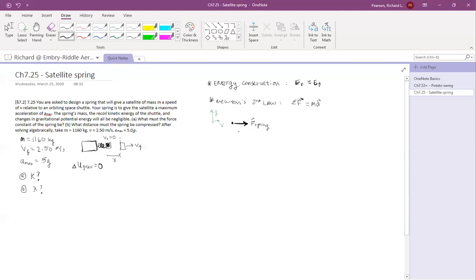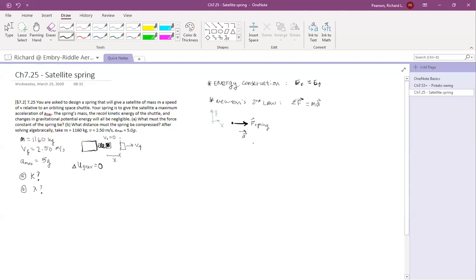But the important thing that we get from this free body diagram is that there's an acceleration that is being given by the spring, right? And we know that there's a maximum acceleration that we can have for this system.